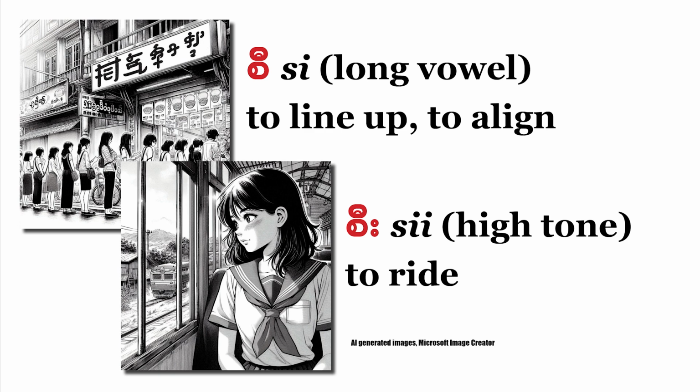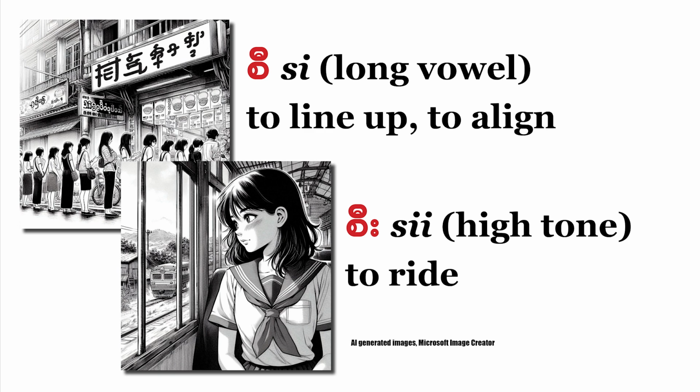And that word as a verb means to line up in a queue, as in people lining up to go into a market, or lining up tables all in a row. The same word but written with two dots or two palettes, wisabao or wisanalongbao, is read si. That is the verb to ride, as in riding a train, a car, or a plane.